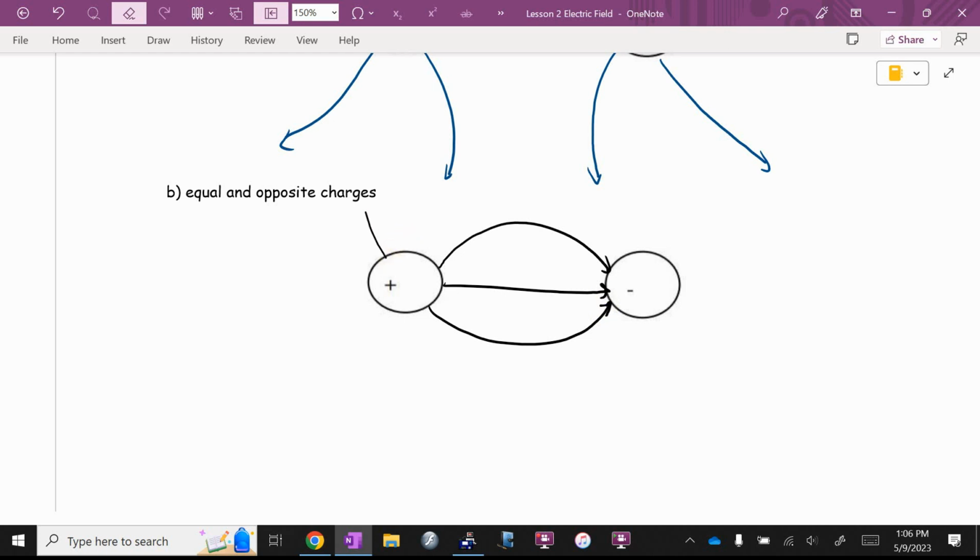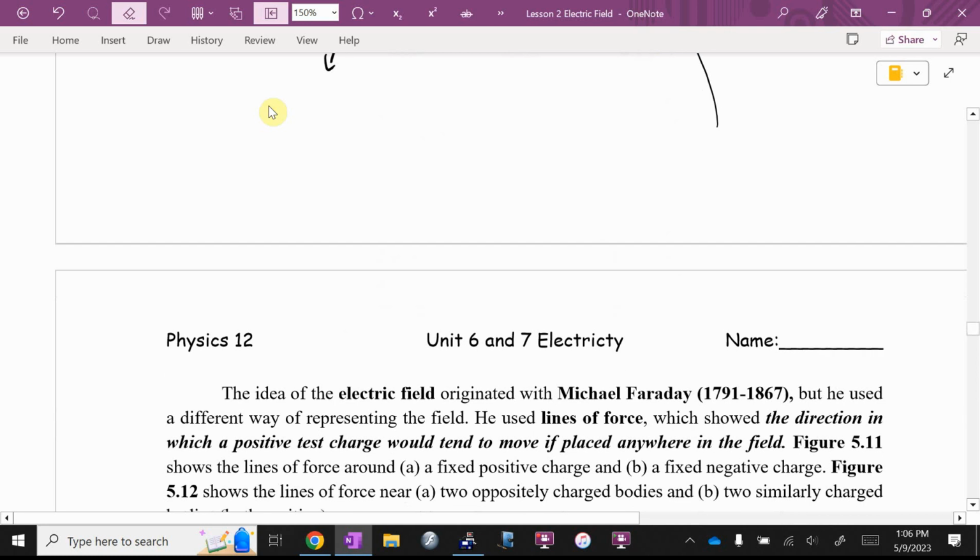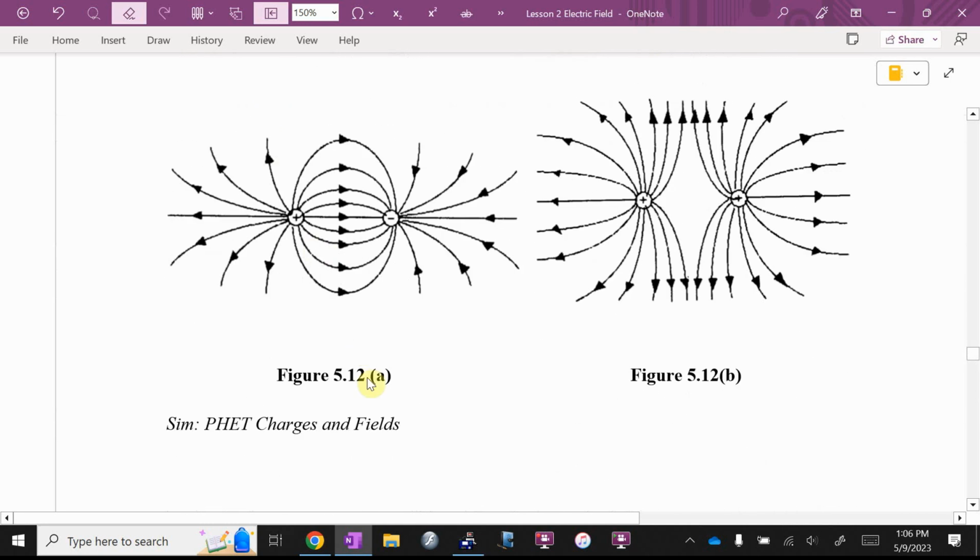There might be a line that might leave the page there, but it would come back in here. It would curve off the page and come back in. It would eventually make its way towards that negative because like charges repel and opposite charges attract. There might be a line that left there and would eventually come squeaking back in. If you want to see a better rendering of what 2 unlike charges would look like, figure 1.2a.